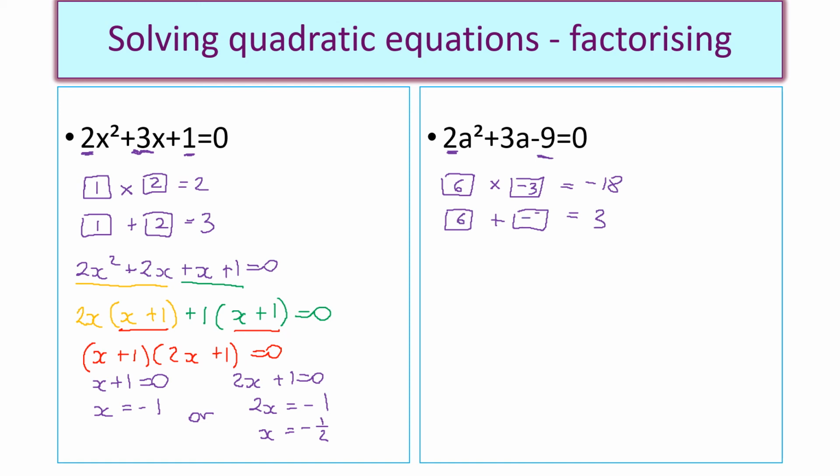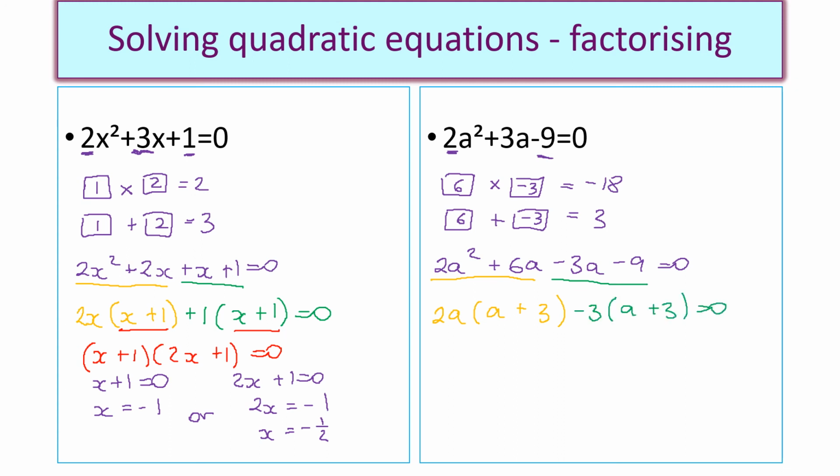So I'm going to rewrite my equation as 2a squared, add 6a, take away 3a, take away 9 equals 0. Again, I'm going to factorize the first two expressions. That's 2a and then a plus 3. And then I'm going to factorize the other two. That's minus 3 and a plus 3.